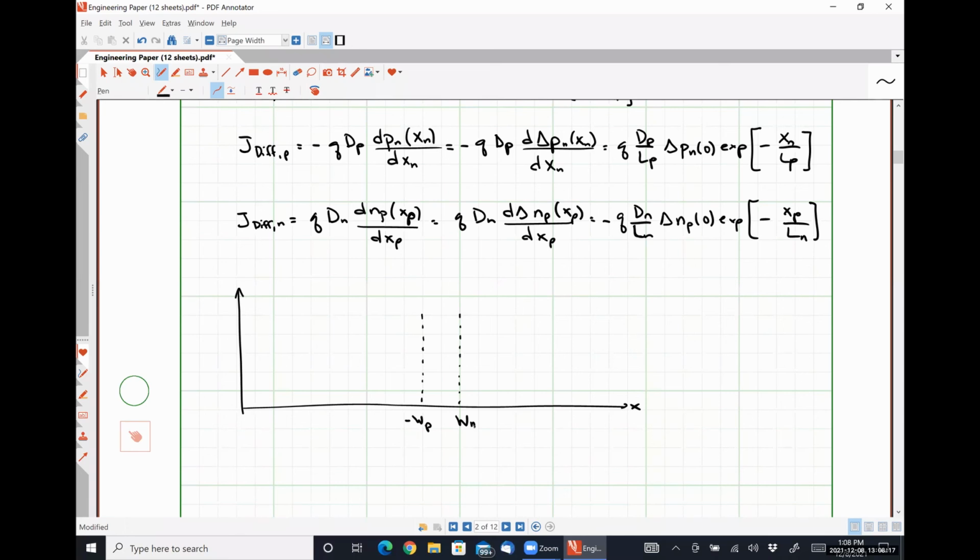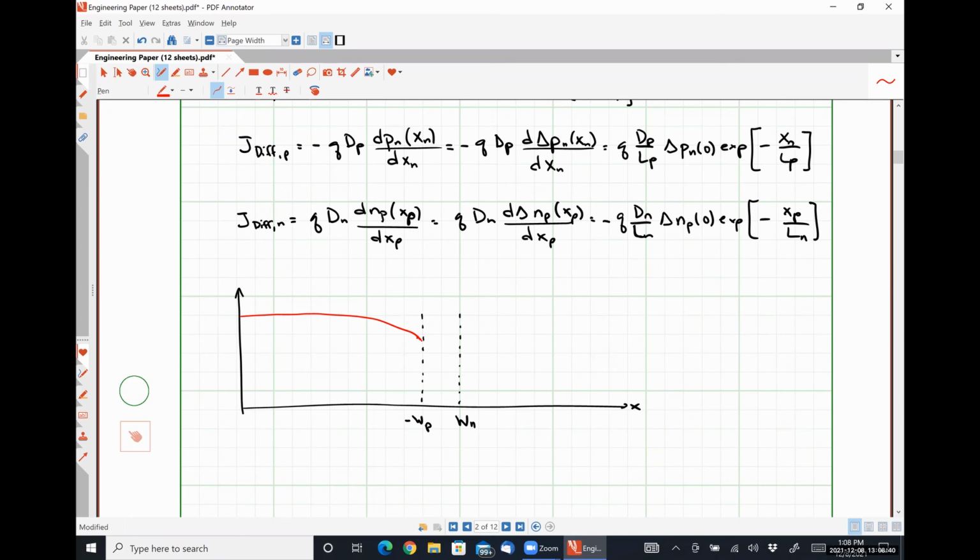And we should see, for the electrons, which I've been doing in blue, all right, so for holes, we observe some amount of majority carrier hole diffusion current, right?